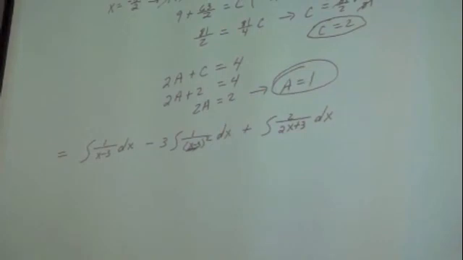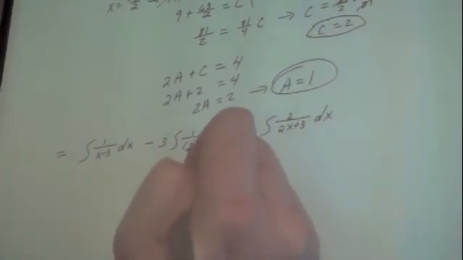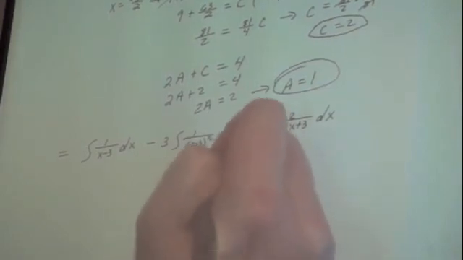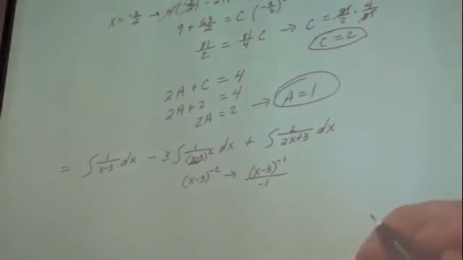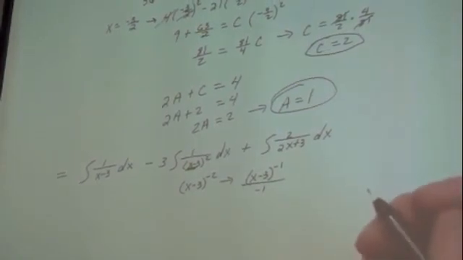That understood power is the negative 2 power. So this second one I'm going to think of as x minus 3 to the negative 2. That's going to integrate to, I know when I integrate, I add 1 to the exponent, x minus 3 to the negative 1, divide by that new exponent, and divide by the derivative of the inside, which is just 1.